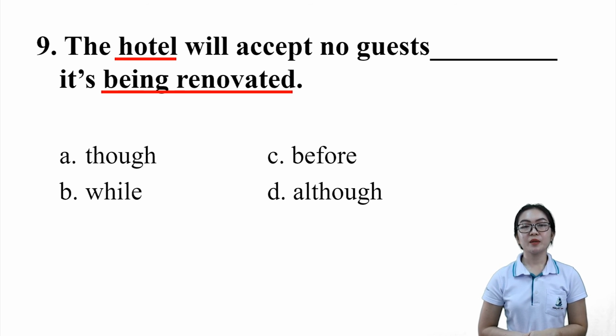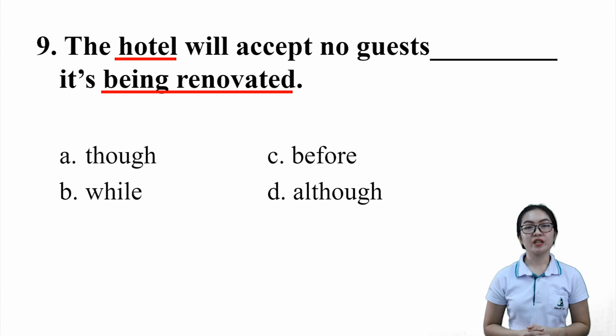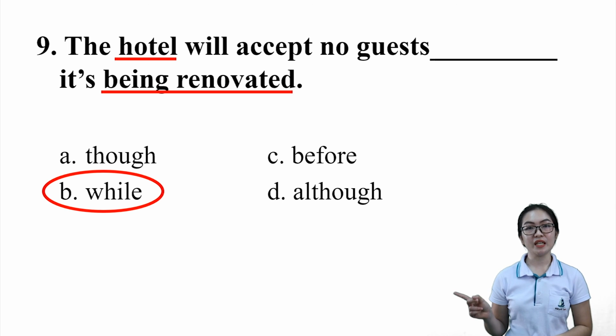Therefore, let's eliminate letters A and D. If the hotel is not yet on renovation, most probably they can still accept guests before the period. When can't they accept guests? Right, it's as soon as the renovation takes place. Obviously, the answer is letter B, while.